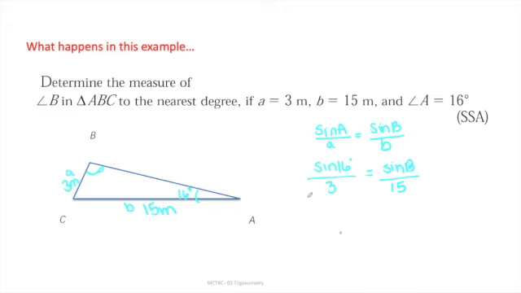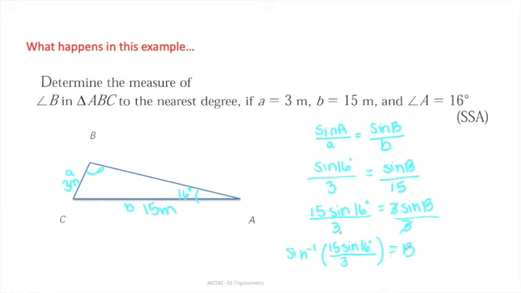Again, cross multiply, so you're going to go 15 sine 16 degrees equals 3 sine B, divide by 3, divide by 3, and then those cancel out, and then your next step would be taking the inverse of this whole thing to get rid of that sine from the angle B. All over 3 is equal to B.